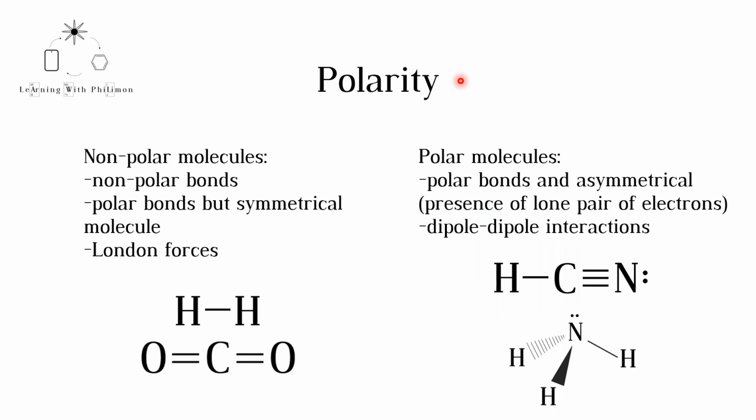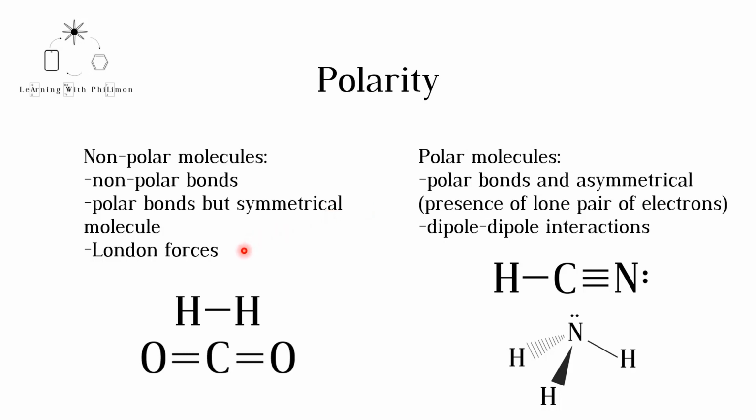As you may have noticed in the previous slides, there is a clear pattern that helps us distinguish between polar and nonpolar molecules. Nonpolar molecules may contain nonpolar bonds. Some nonpolar molecules contain polar bonds but are symmetrical. Nonpolar molecules experience only London forces.